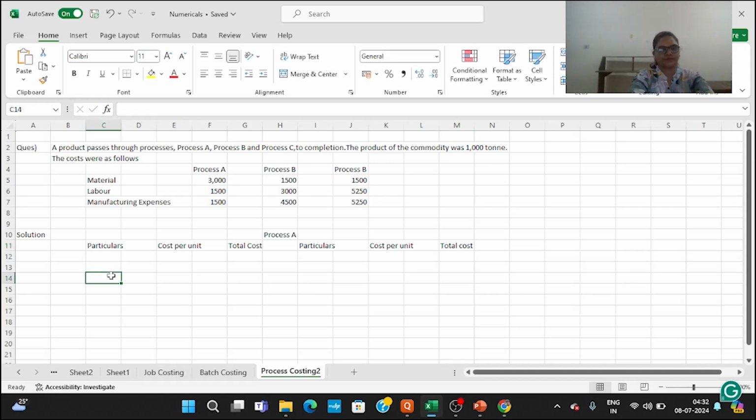Now we all know there are two sides in process costing. First is the debit side and another one is the credit side. On the debit side, all expenses are debited to the process, generally material, labor, manufacturing expenses, abnormal gain and opening balance.